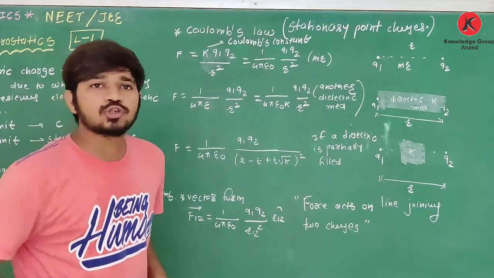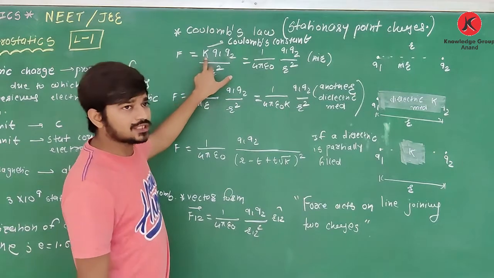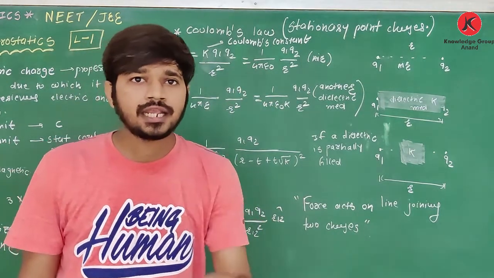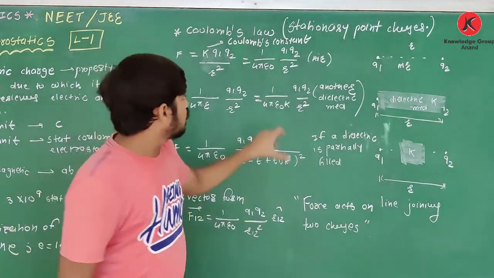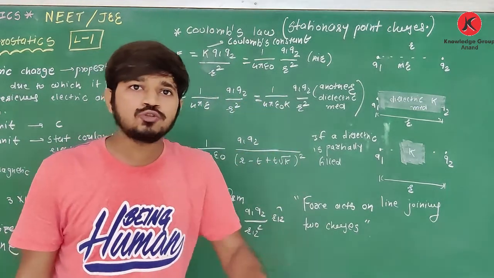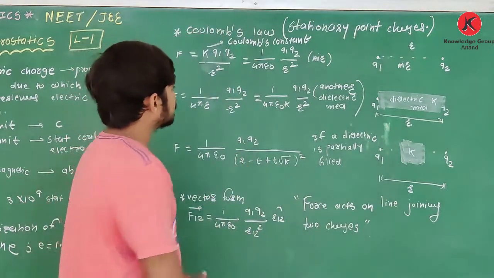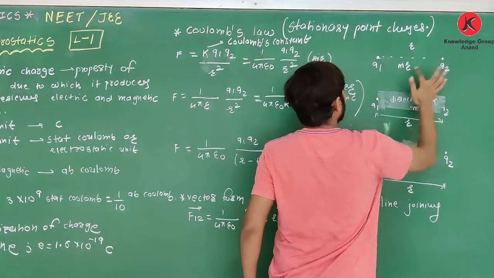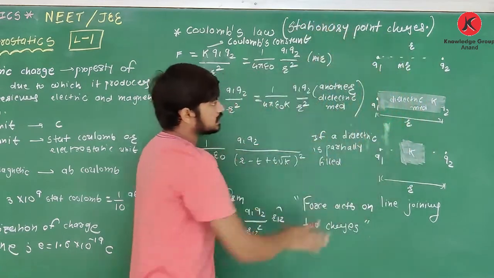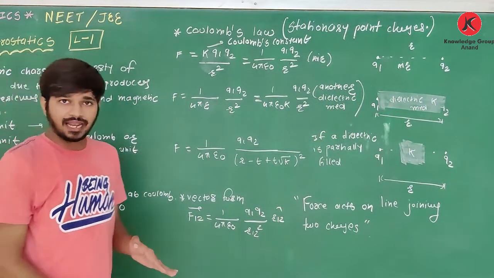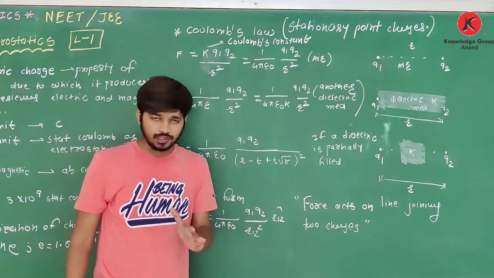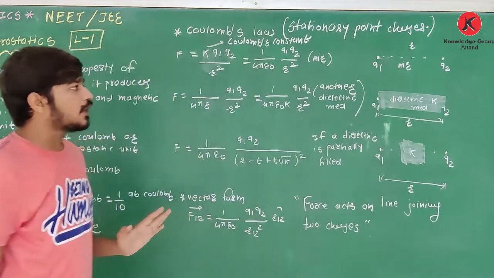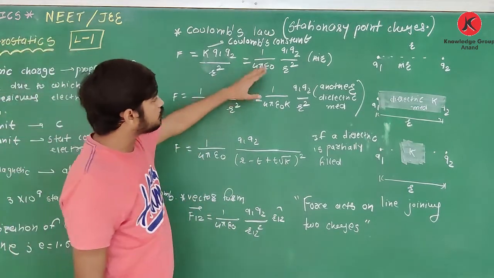So you have to remember Coulomb's constant K is equal to 1 upon 4 pi epsilon 0, which is equal to 9 into 10 raised to 9. This equation is for two charges separated by distance r when the medium between them is air. Air is a dielectric medium. So between two stationary point charges, if the medium is air, then we have to use this equation.